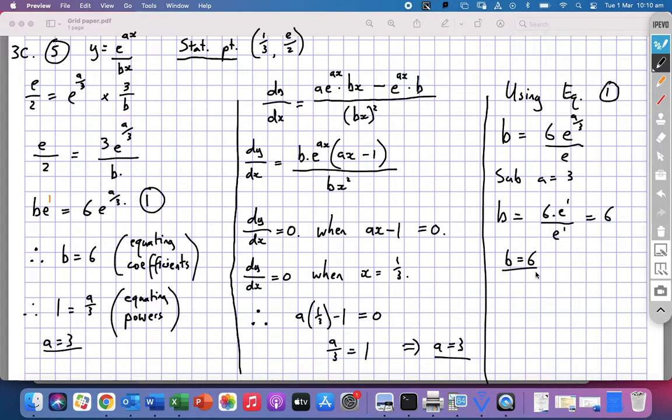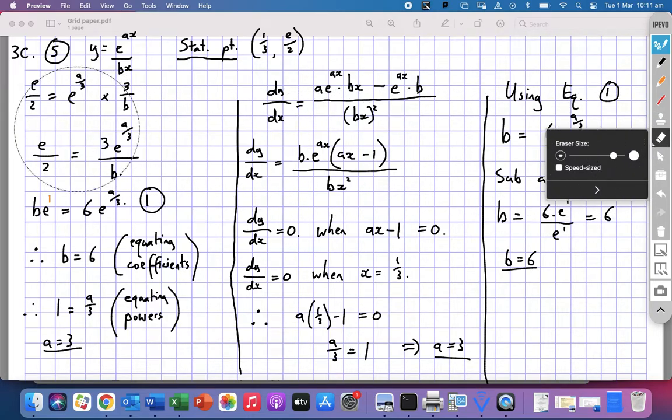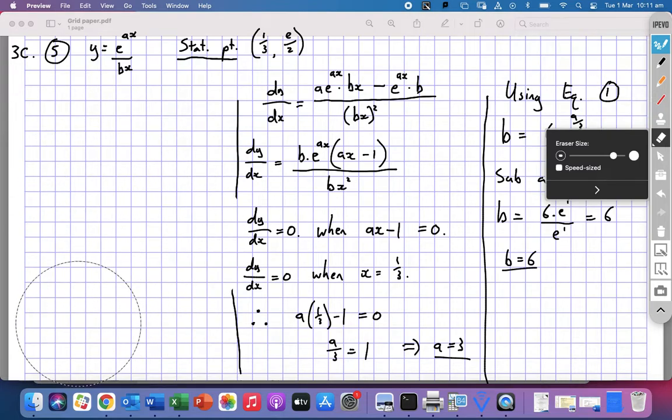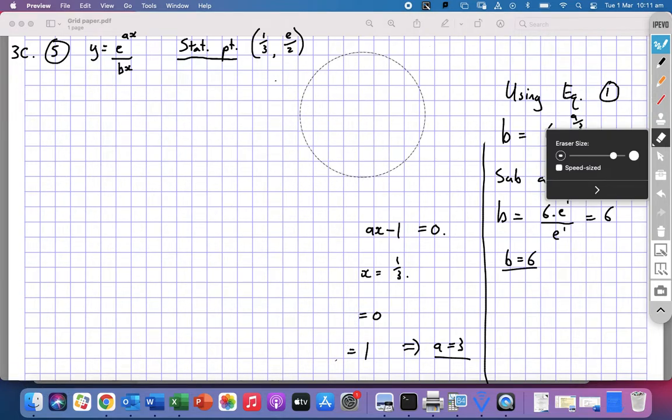Now, regarding the second part of the question, it might be best to graph and have a look at what kind of stationary point we have. I've just got to remember a is 3 and b is 6, and then we can put this into Desmos. I'll clear some space and leave a's 3 and b's 6.